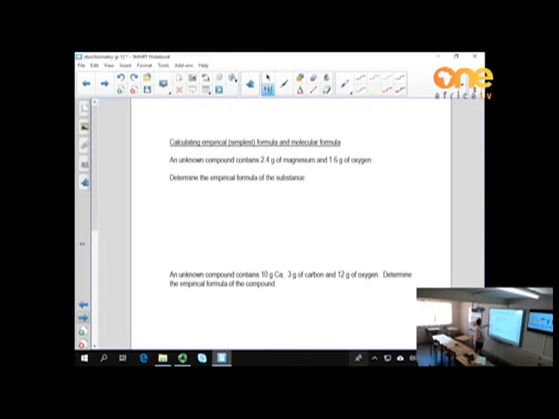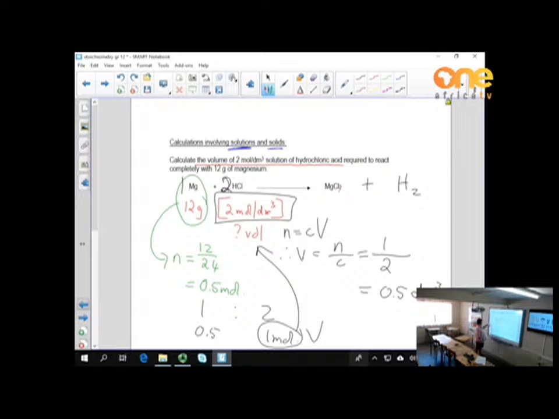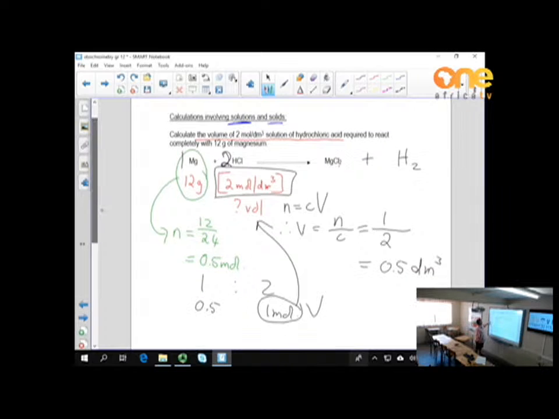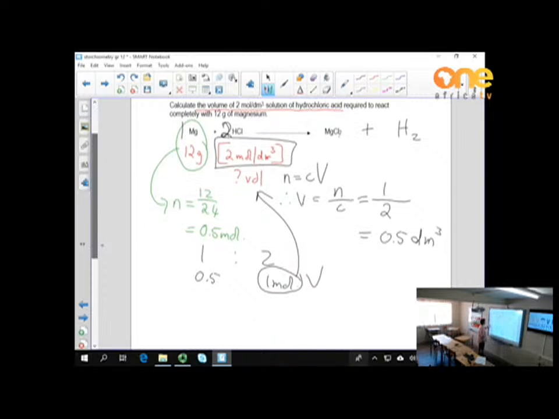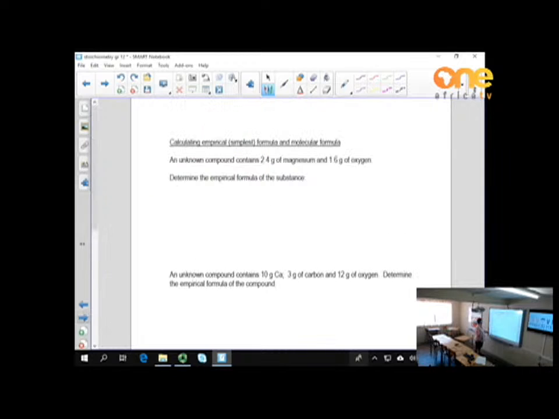Let's have a look at another one. Now, those calculations that we've done here all use the formula that connects the number of moles. Except for these calculations, we can get another type of calculation. Here it says, calculate the empirical or simplest formula and molecular formula.